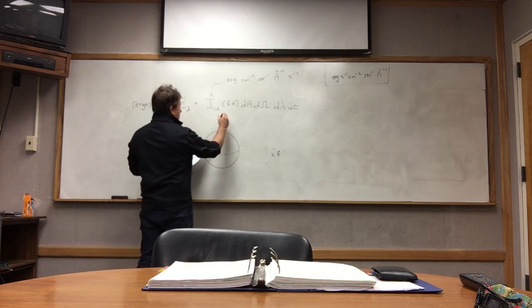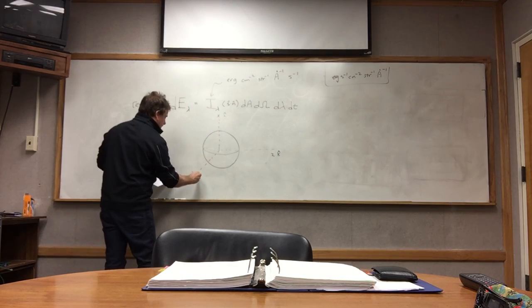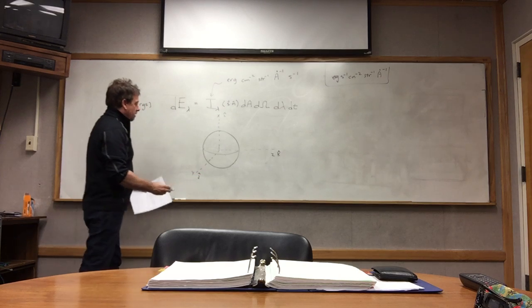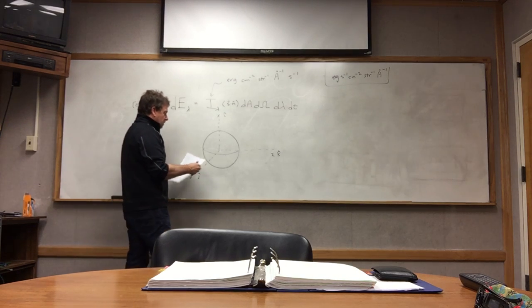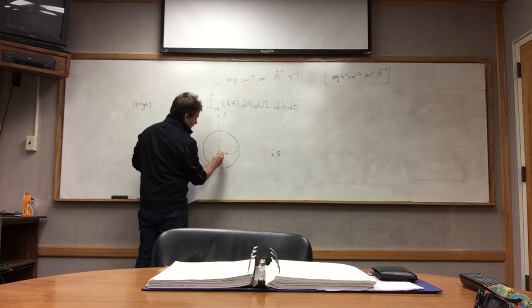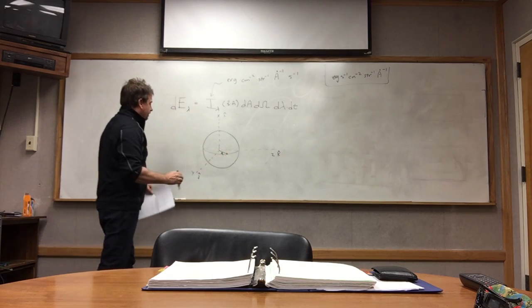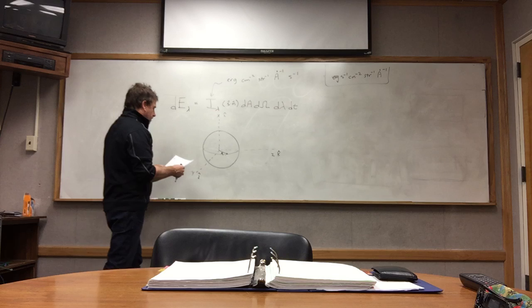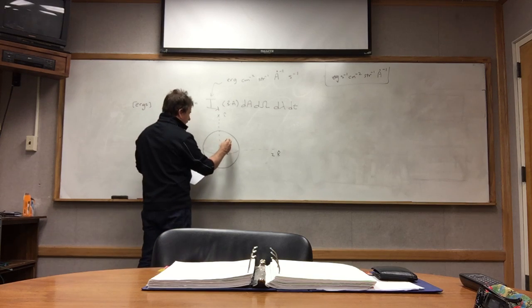This is the i hat direction, and this is the j hat direction. Now, this sphere has some radius r. And then I want to talk about some area element here.